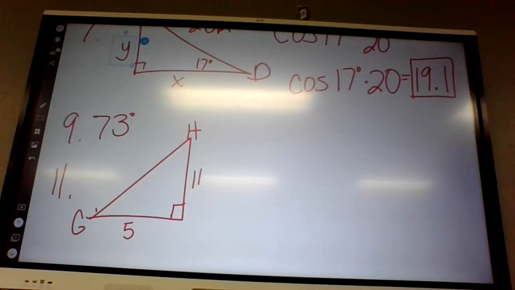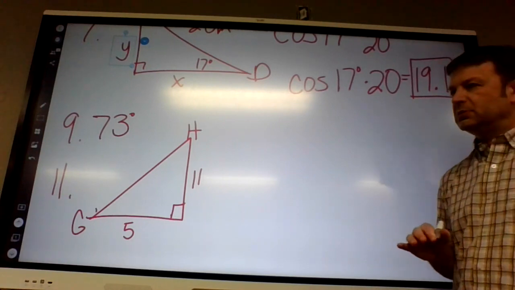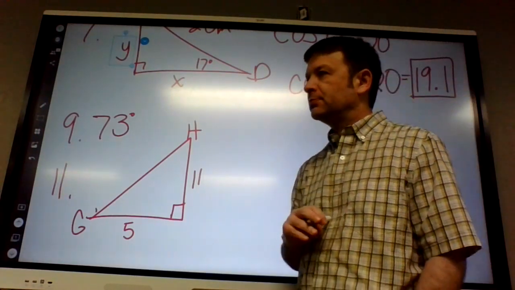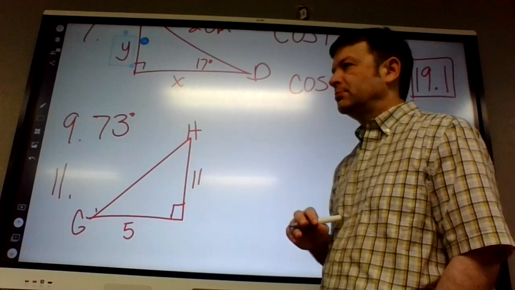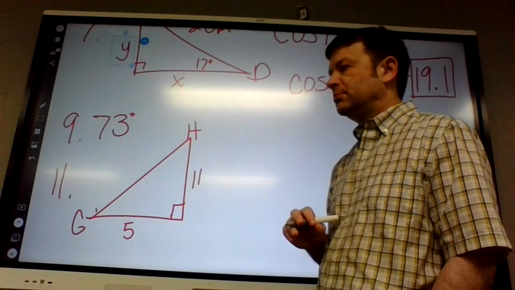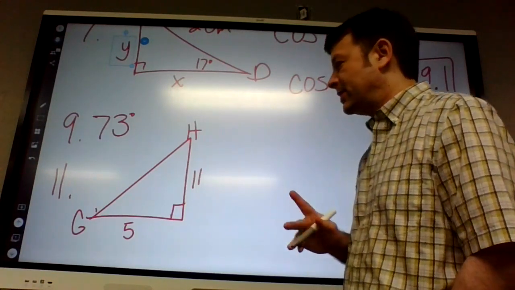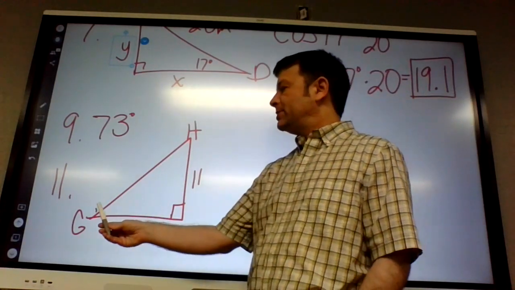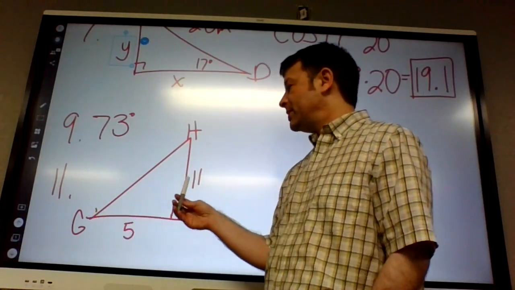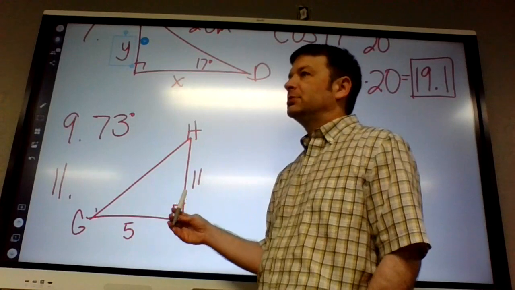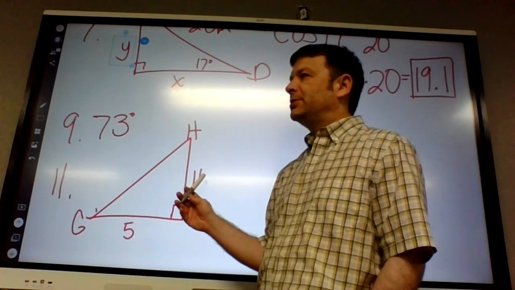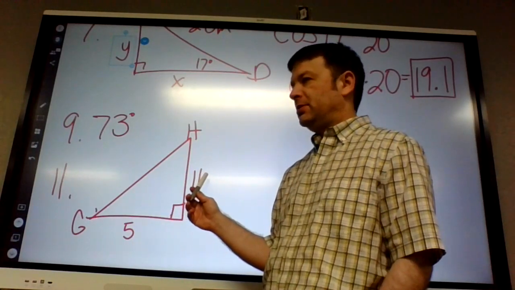Anya, do you know what we're going to do? It's the negative 1 version of it? Yeah, the negative 1 version of it. So, relative to G, what two sides do I know here? 11 and 5. Are the what sides? The opposite and adjacent.